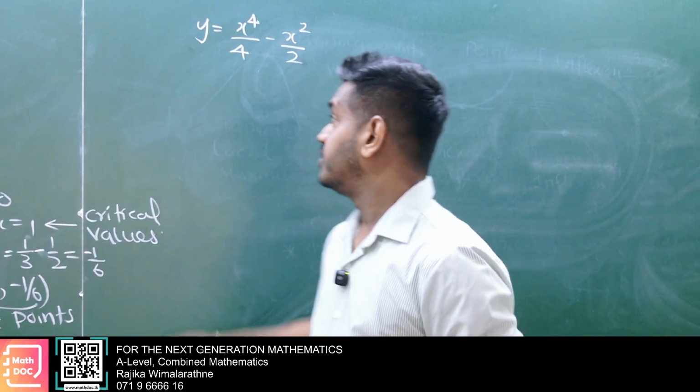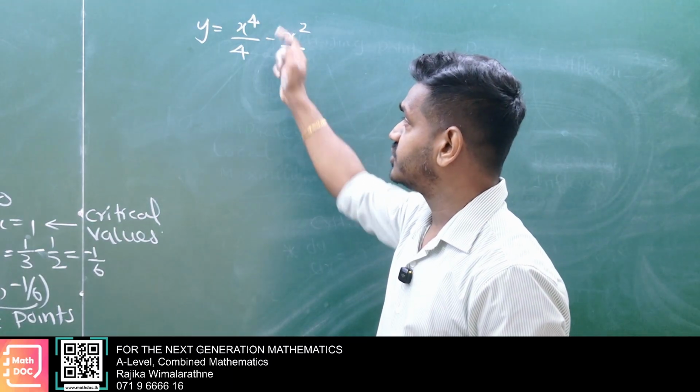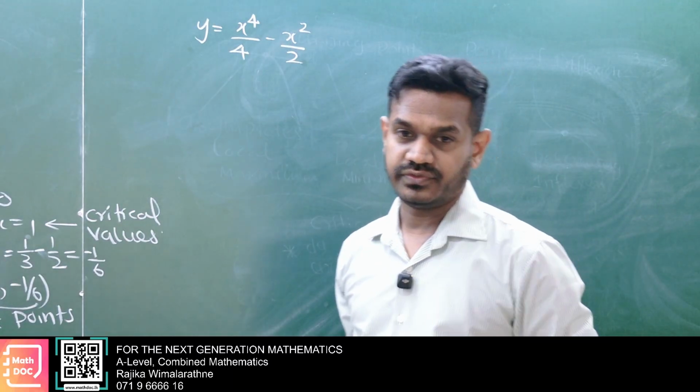Okay, you try this. y equals x to the power of 4 over 4 minus x squared over 2. Try this.